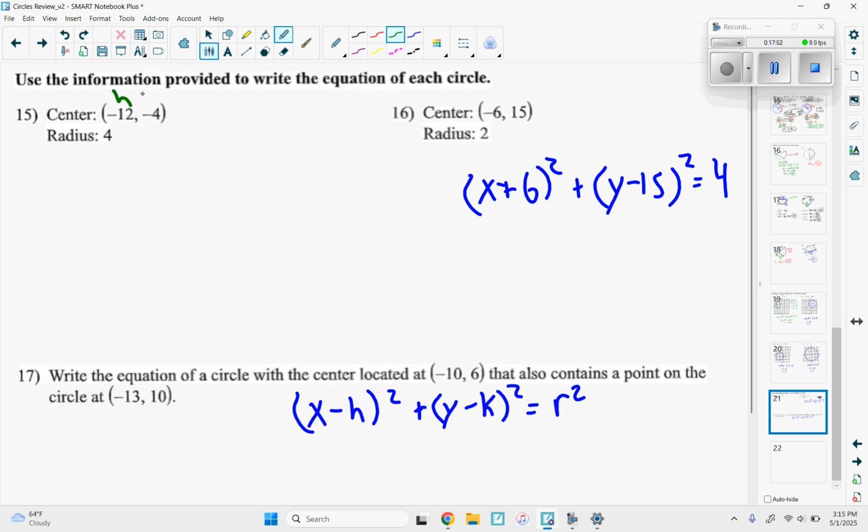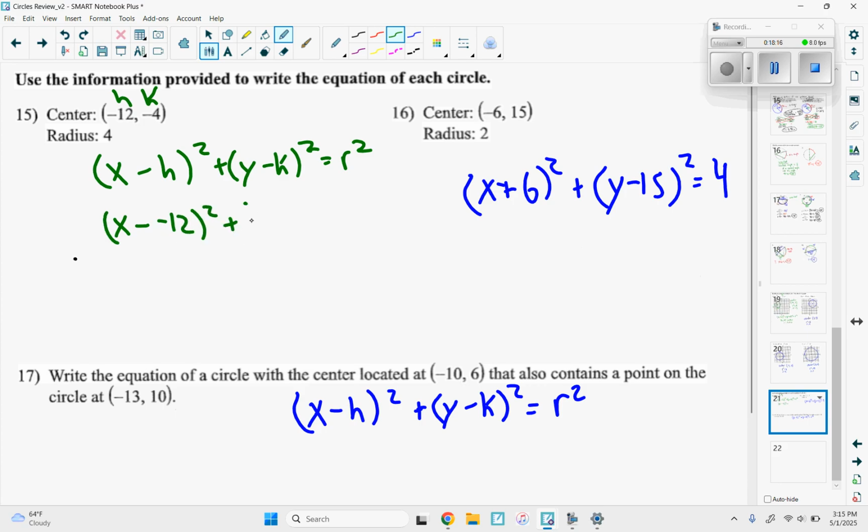Again, we're given the center points, that's our h and k values. So we start with our original equation of a circle. And we basically just fill in what we have. We have x minus a negative 12 squared plus the next one is y minus a negative 4 squared, and then my radius is 4.